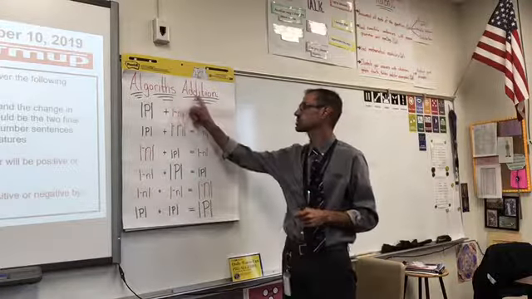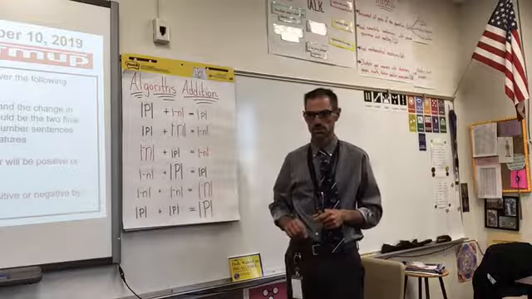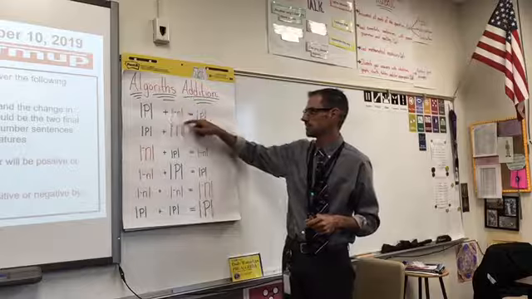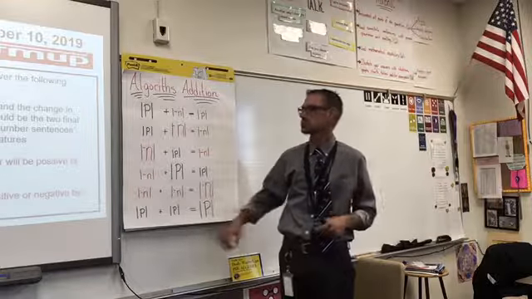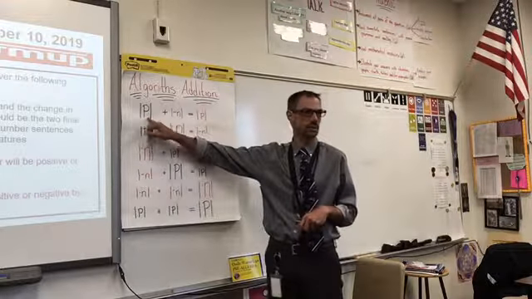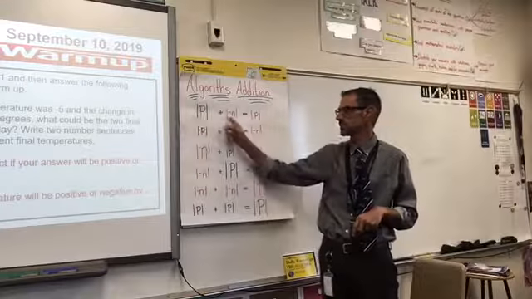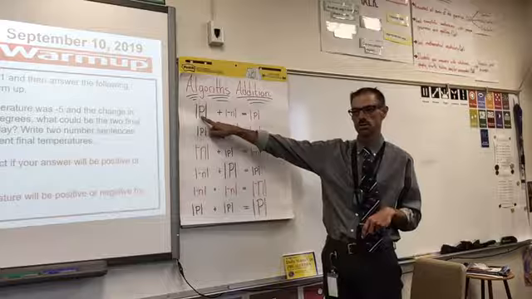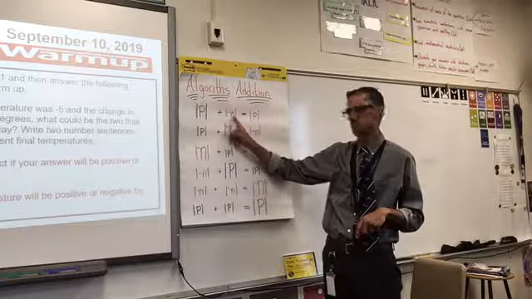I have a whole bunch of addition algorithms. So Ethan, right here, what do these bars mean again? Absolute value. So this means if I have a positive number, and you notice this P, is it bigger than the N? So this has a greater absolute value than the negative.